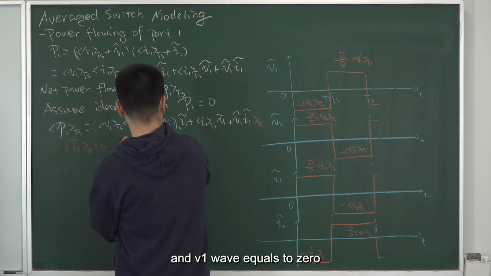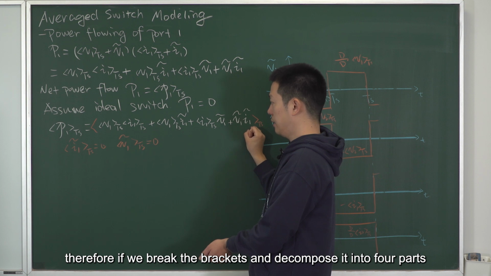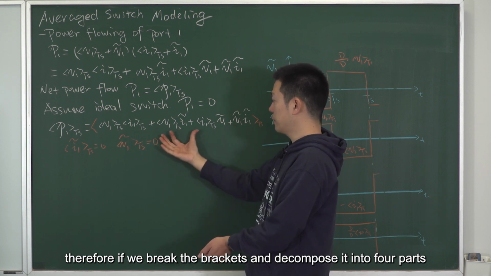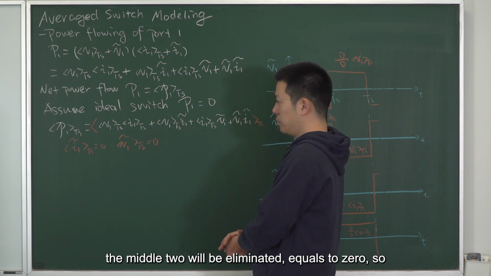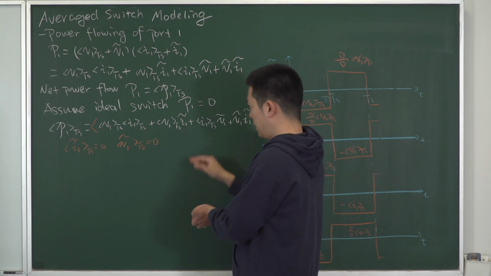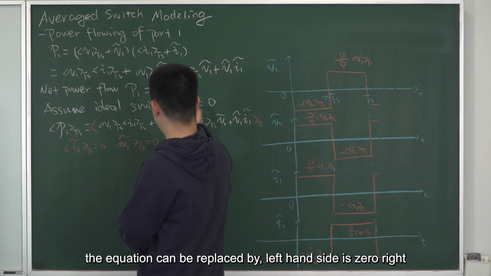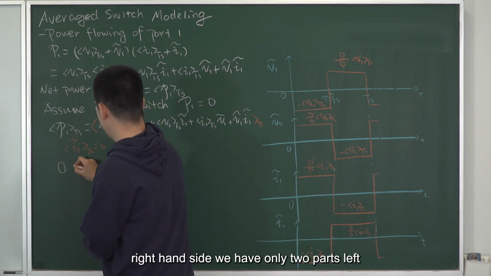And V1 wave equals to 0. Therefore, if we break the brackets and decompose it into 4 parts, the middle two will be eliminated, equals to 0. So the equation can be replaced by left hand side is 0 watt.